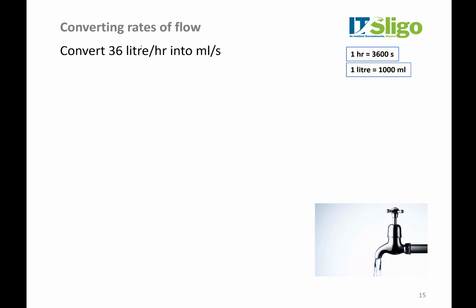First of all, park the 36 until the very end. We need to establish this relationship. 1 liter an hour is what milliliters per second. And I have two little question marks here, guys, to let you know that there are two conversions going on. Liters into mils and hours into seconds.